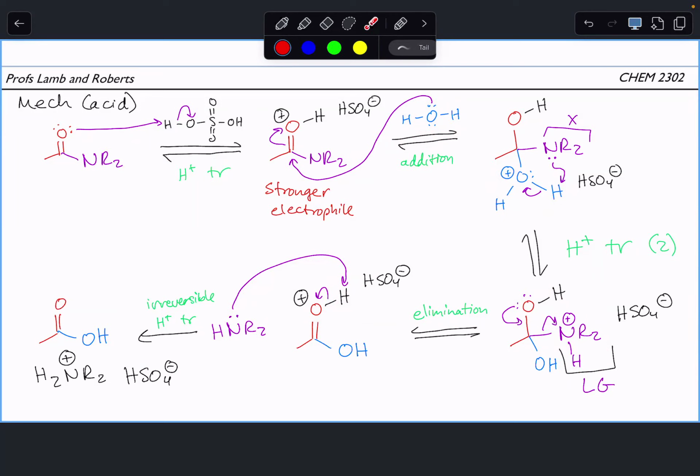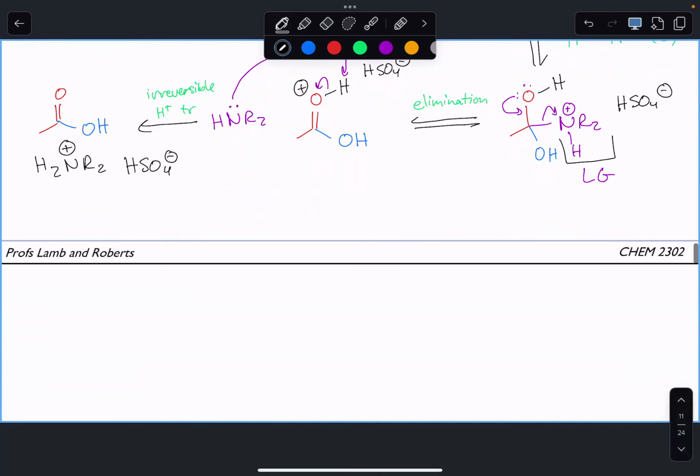All the same principles have applied to all of the reactions in this chapter. Questions on the acidic conditions? Okay. Hopefully that one feels a little bit familiar because it's very similar to the ester. The mechanism for the base is also similar, but there's a little bit of an exception alert at one step. So we'll talk about that.